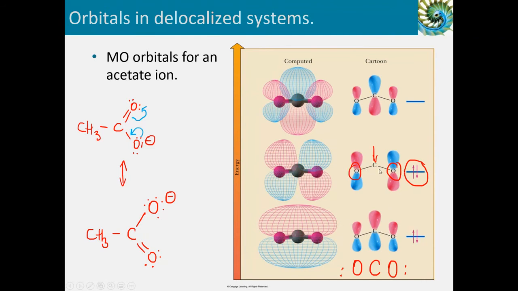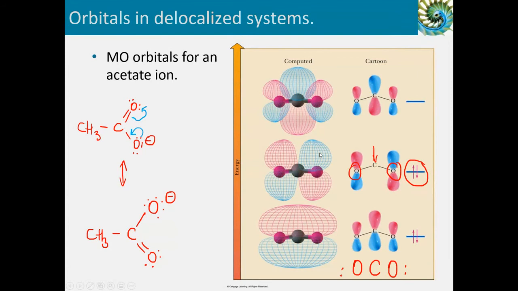The middle part here is the actual p orbitals, the electrons on the p orbitals on the oxygens from the lone pair. Okay. And the top part is the anti-bonding situation, so no electrons, nothing there. Okay. So what's the question?